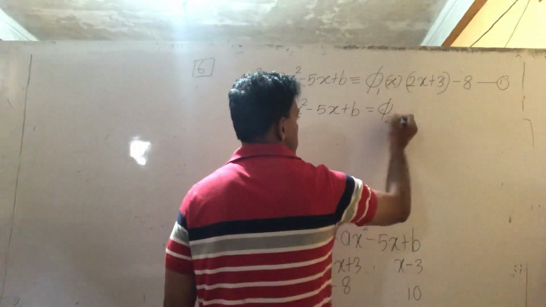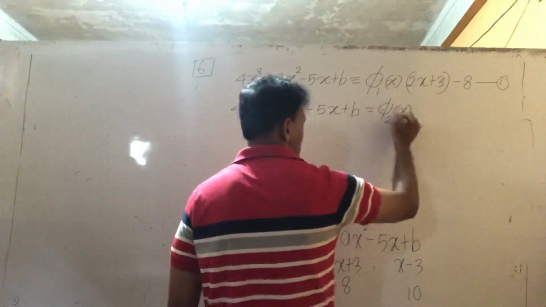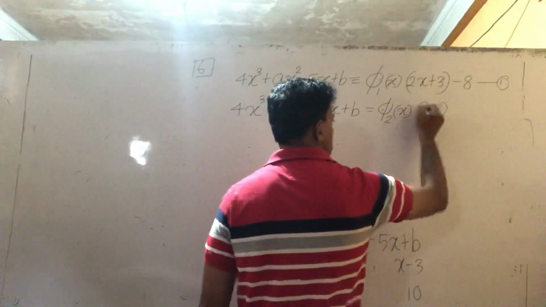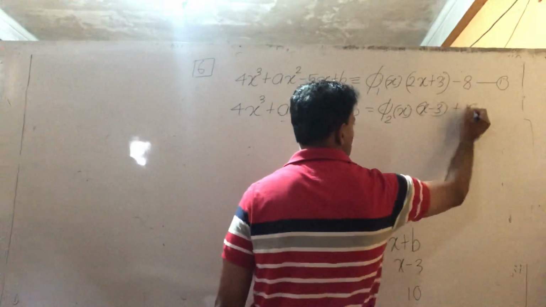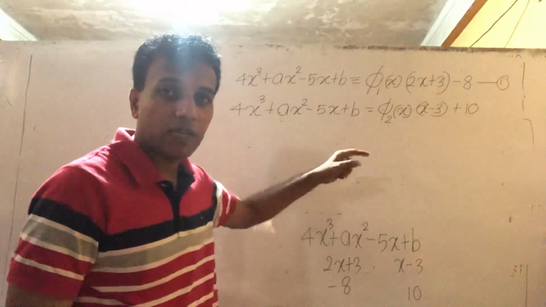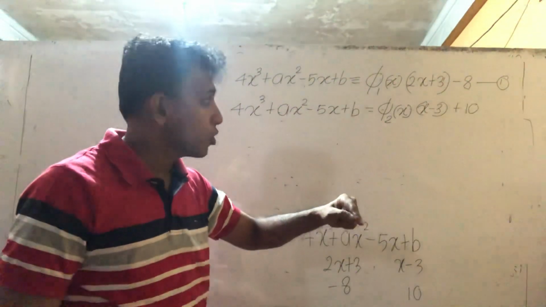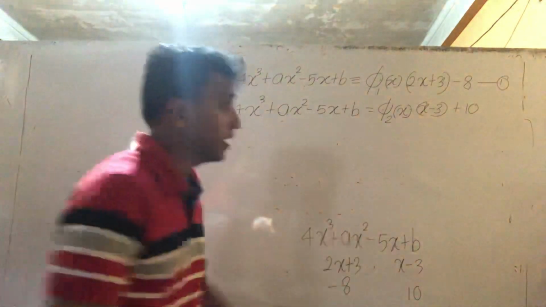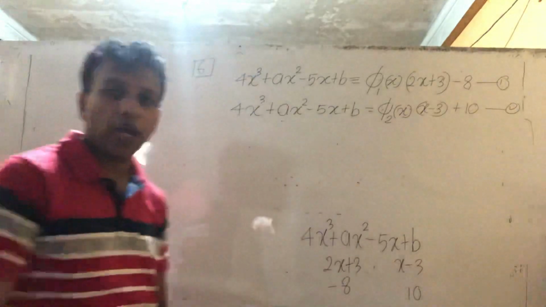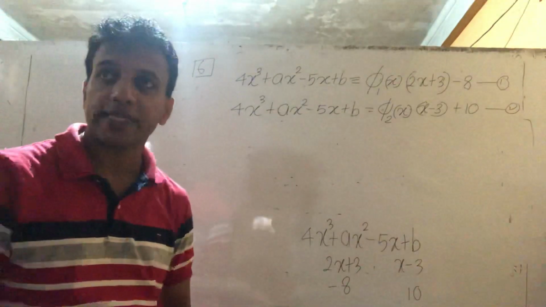We won't bother about the quotient; it becomes 0 later. Any polynomial can be shown in this pattern, divisor into quotient plus the remainder. That's why it's a second equation, a more important equation in this case.